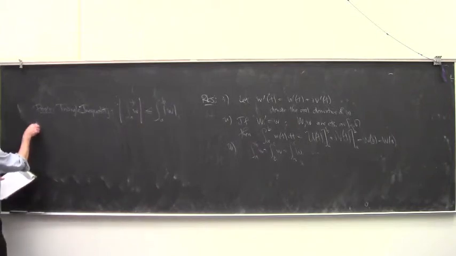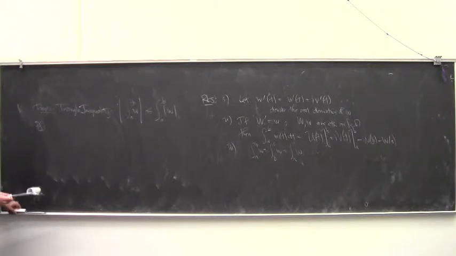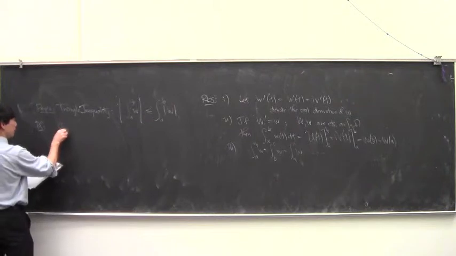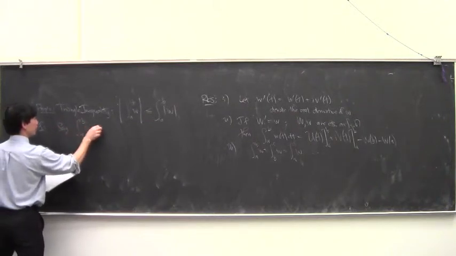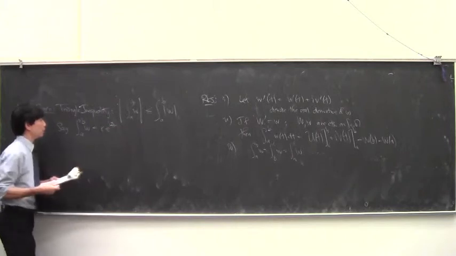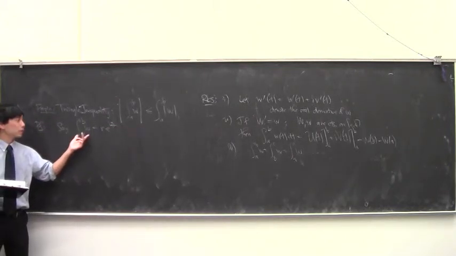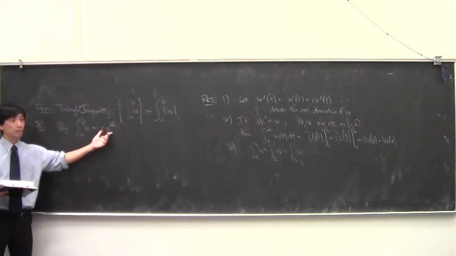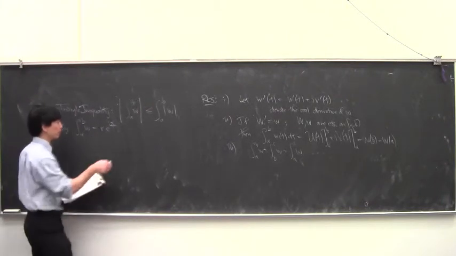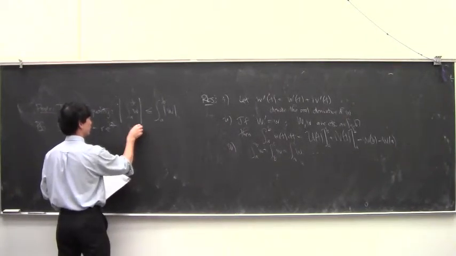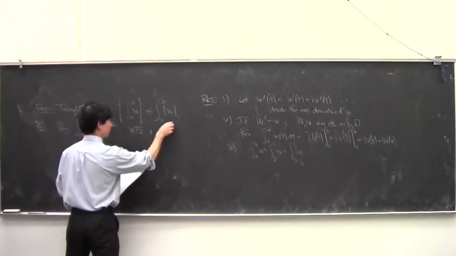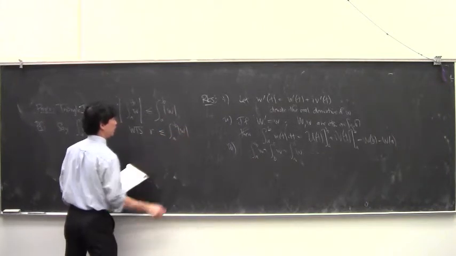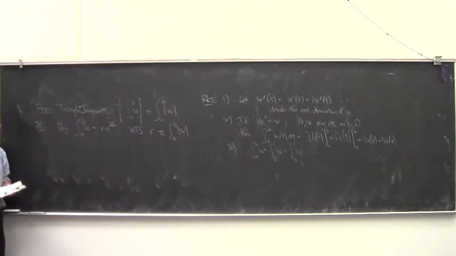There's sort of an odd proof of it. Let me show that to you. So say that the integral of this complex value function is a complex number. Suppose this is the polar form of that complex number. Okay. So our goal is to show that R is bounded by the integral of the modulus, right?